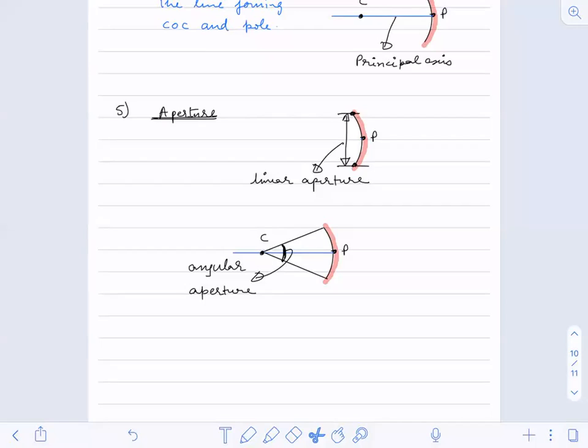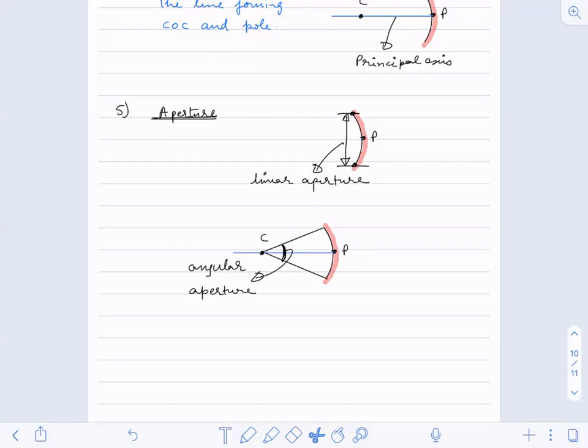In higher studies you will see that a parabola is a combination of circles with different centers or different radii, so from every point the type of reflection will be different. You cannot define that this part has this radius and that part has the same radius. No, it is wrong.